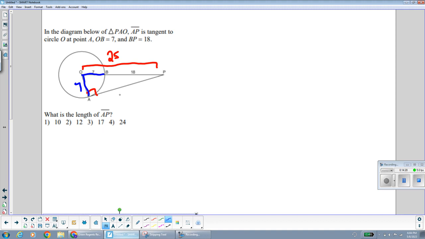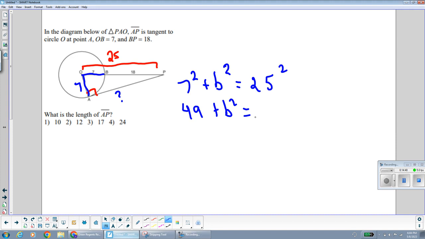And then we're just finding this leg of the right triangle. Since we have two sides of the right triangle and we just need to find a missing one, we can use the Pythagorean theorem. So 7 squared plus b squared is equal to hypotenuse squared. So that is 49 plus b squared is equal to 25 squared, 625.